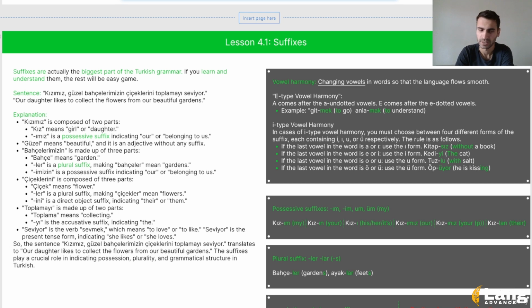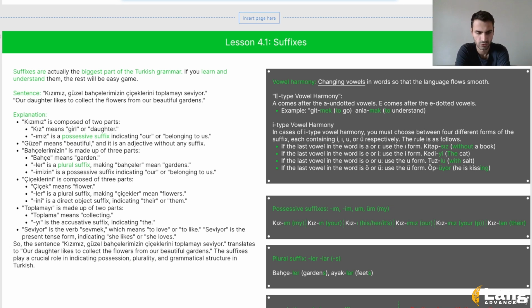If you learn and understand them, the rest will be really easy game. Why? Because Turkish mostly consists of suffixes usually and verbs, and this language evolved by actions.